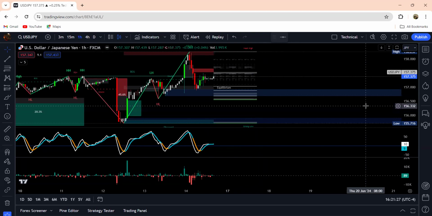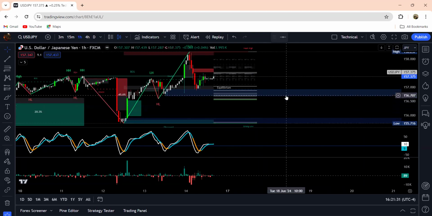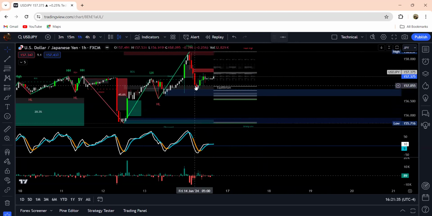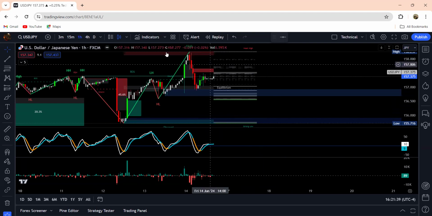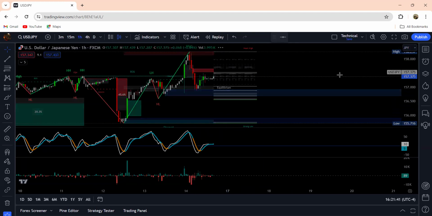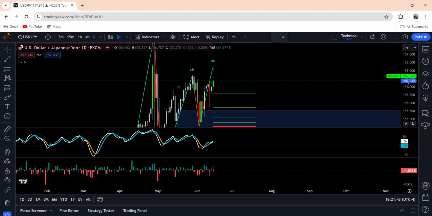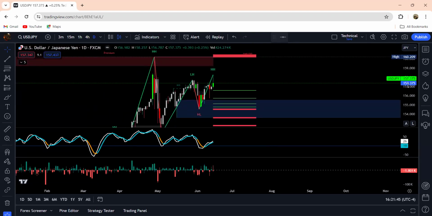Now, to make things even better and to pinpoint our entries and timing even better, another thing I was able to discover is this. A lot of people try to predict what the next candle is going to be. So what I'm about to show you, you want to start off with a daily time frame.